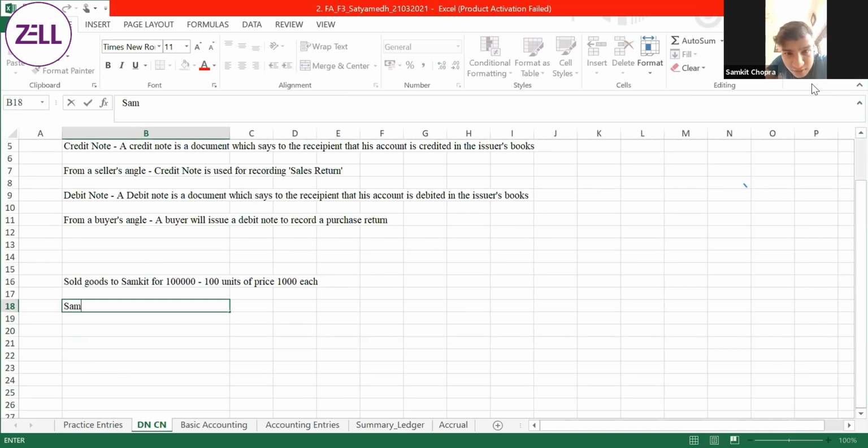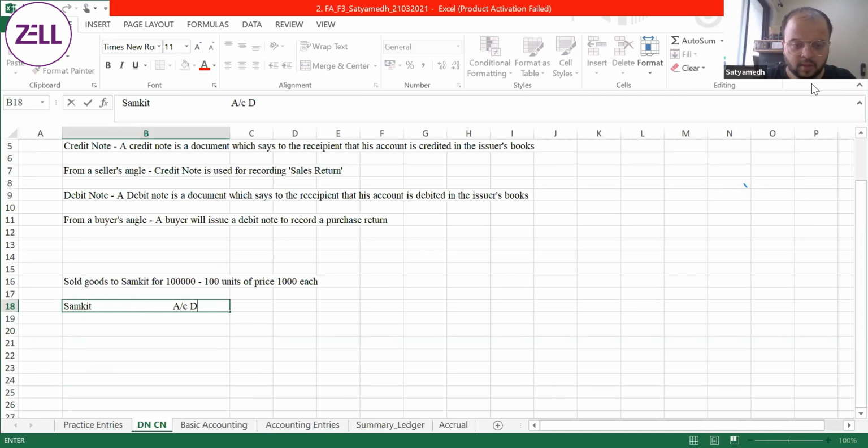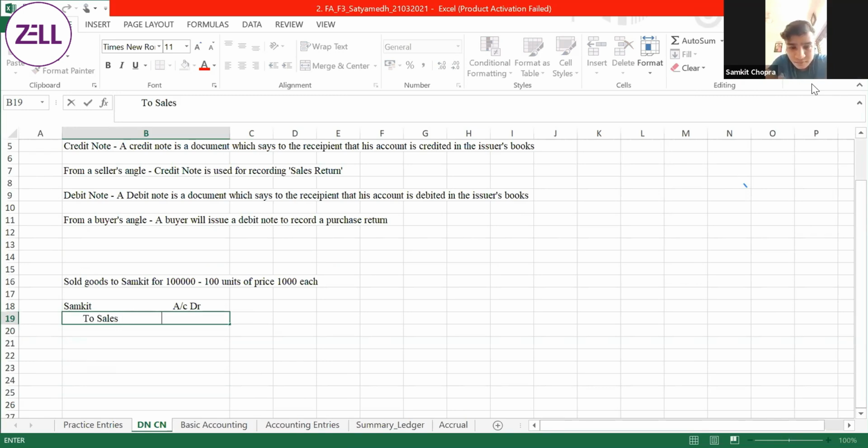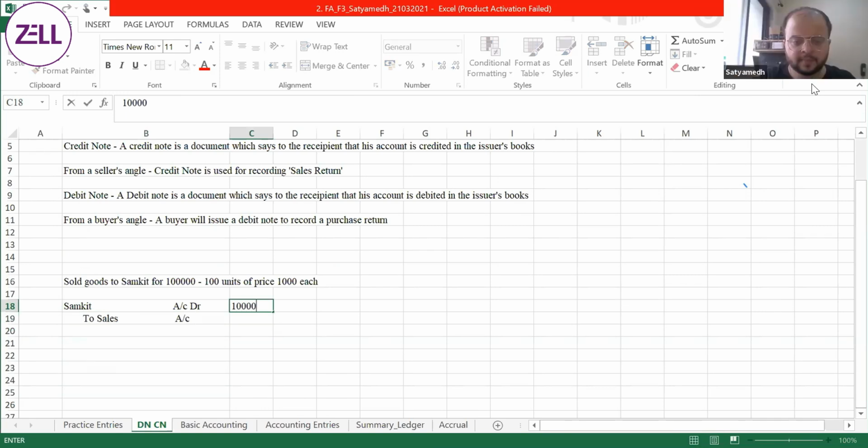Samkit to sales. Samkit account debit to sales. Very good. Samkit account debit to sales account. कितना? 1 लाख. यहाँ तक समझो अपना रेगुलर एंट्री है.